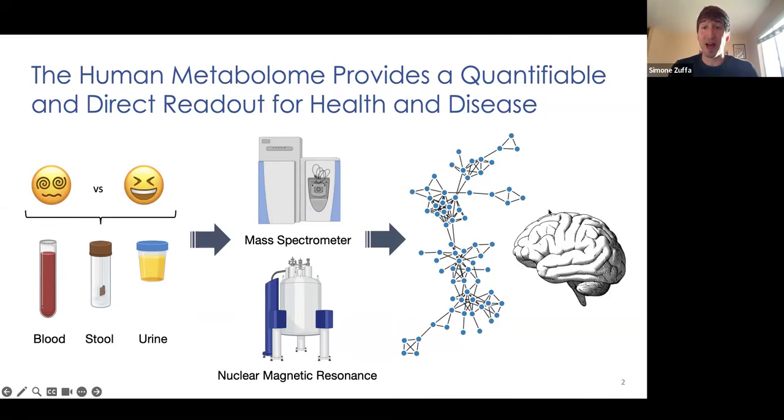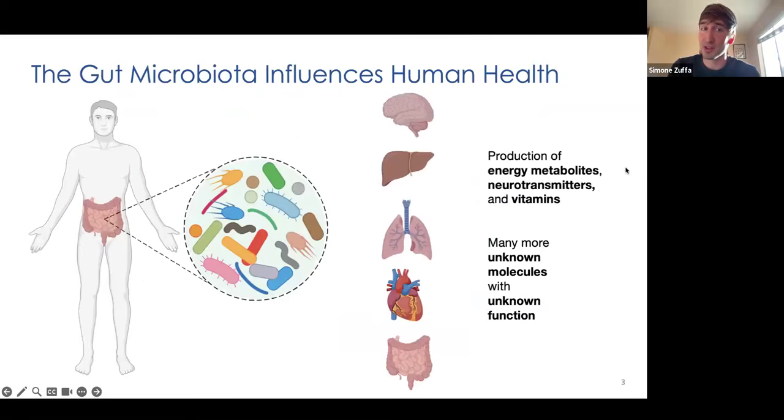Metabolomics is a very hot topic that usually goes hand in hand with another very hot topic, the gut microbiota. Hopefully some of you are familiar with that, but we have literally trillions of microorganisms that are colonizing our body.